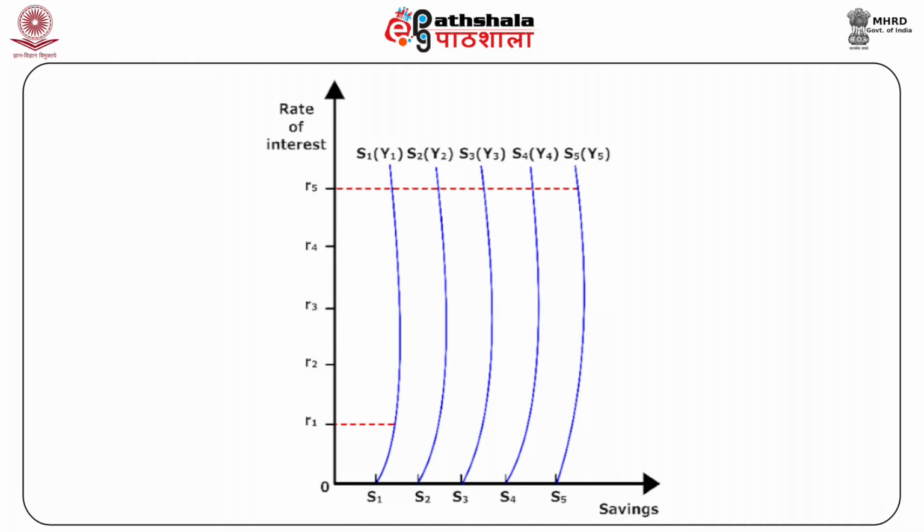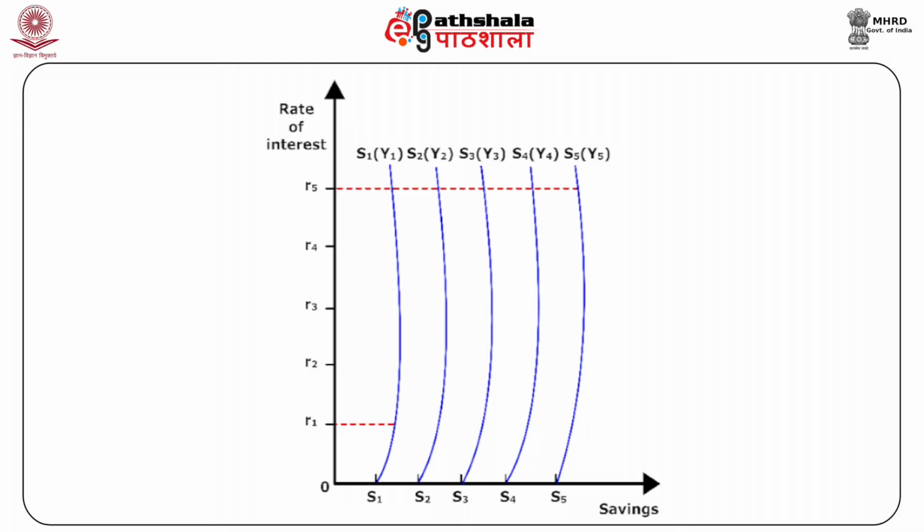At y1, the savings function starts to emerge from some point on the x-axis. Now, as I have already described, we alternately see the impact of rate of interest and the impact of income on savings. Now we consider the impact of rate of interest.